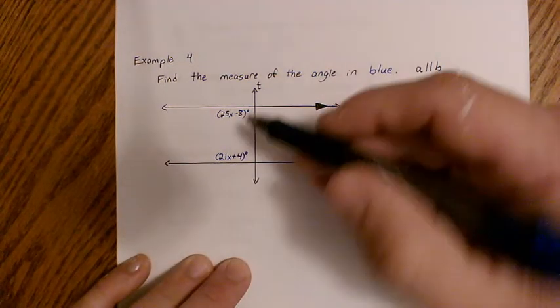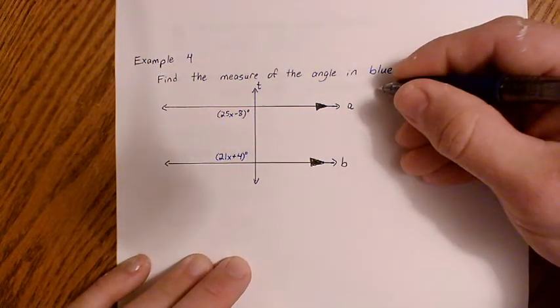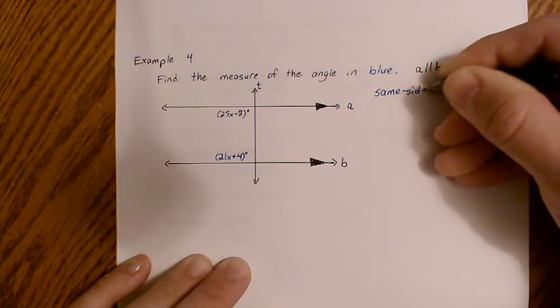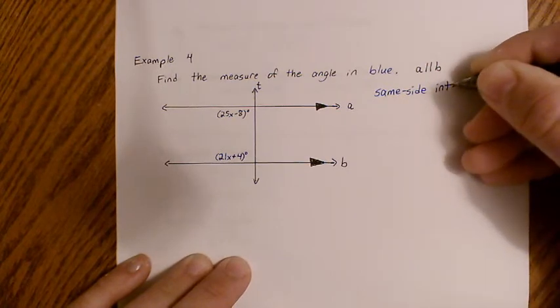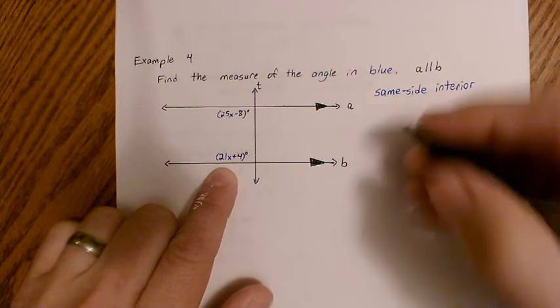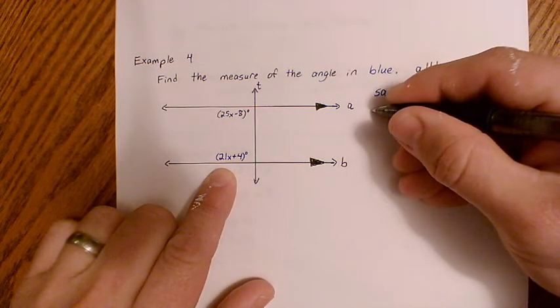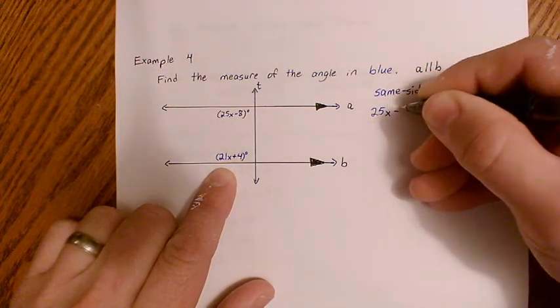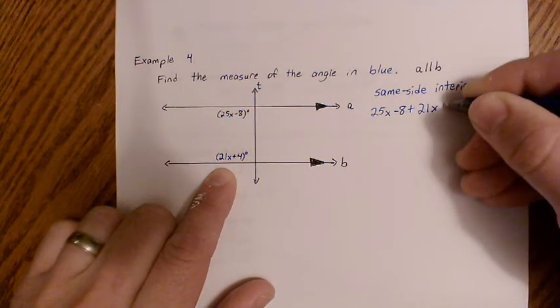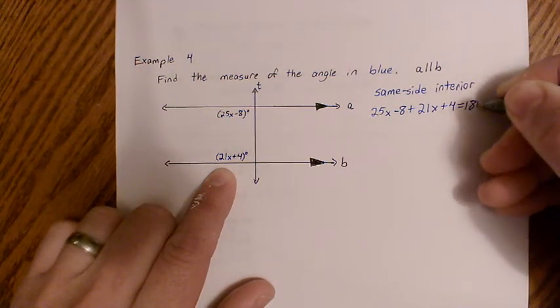All right, really quick. These two angles are what's called same side interior angles or consecutive interior. I'm going to keep on saying that. And what's going to happen is I could actually add those to 180 degrees. So the 25x minus 8 plus the 21x plus 4 equals 180 degrees.